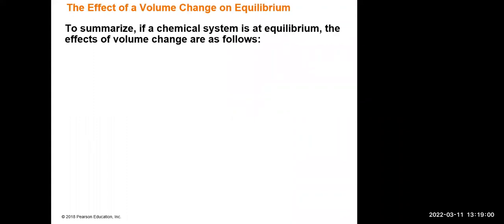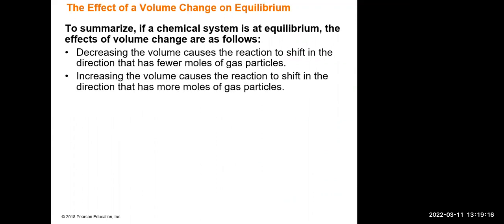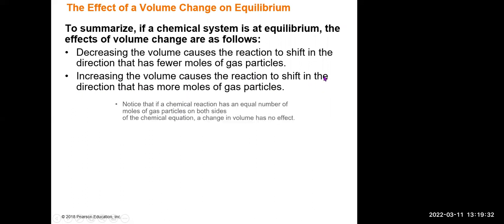To summarize, if a chemical system is at equilibrium, the effects of volume change are as follows. Decreasing the volume causes the reaction to shift in the direction that has fewer moles of gas particles, maybe right, maybe left, depending on your chemical equation. In the last example, we saw the shift to the right. Oppositely, increasing the volume causes the reaction to shift in the direction that has more moles of gas particles.